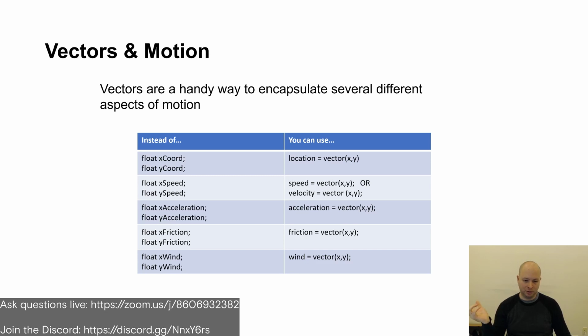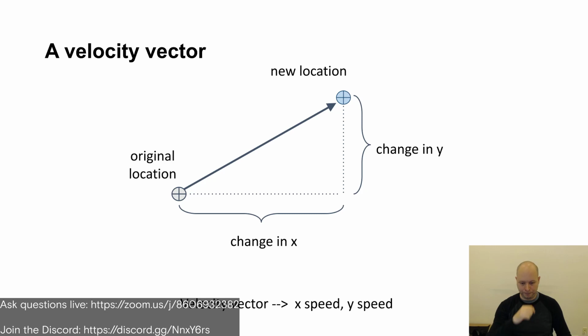Our speed, acceleration, the friction, the opposing force, the wind, the opposing drag, all these things can be represented as vectors. If you think about the corollary of free body diagrams in physics, if you did that in high school, you can draw these things and then the output is just the sum of all of them, right?